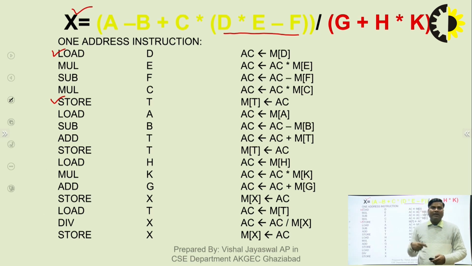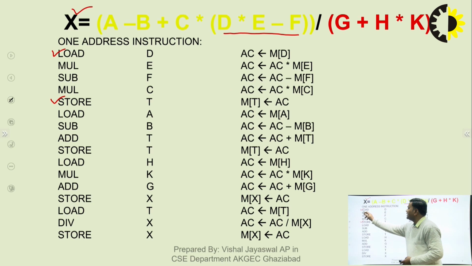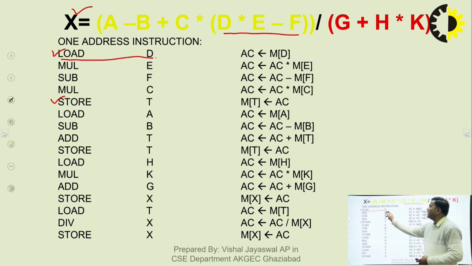So first we have to move D into the processor, and in processor there is one register called accumulator. So we write the instruction load D, means M of D is loaded into the accumulator, means accumulator register contains the value of D.